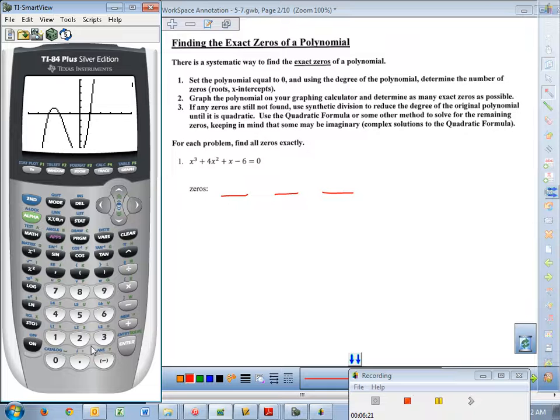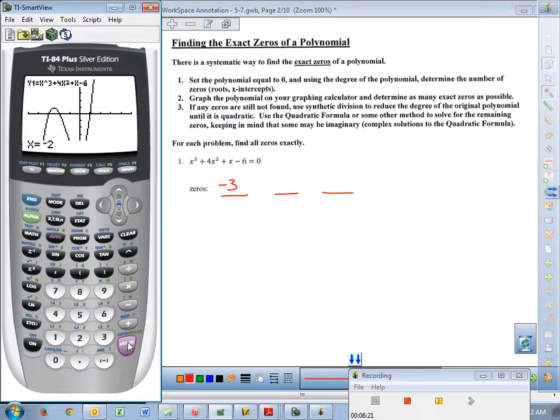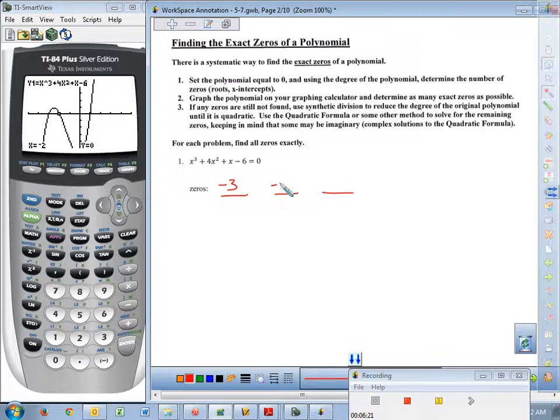Trace negative 3. Did that turn out to be a root? So it goes into the blank. There's one of our roots right there. That's all we're asking. Where's our zeros? Where's our roots? One of them was at negative 3. Cool. Next one. Would you take a wild guess of where that puppy's at? Negative 2. Sounds good to me. Double check. Oh, yeah. That turned out to be a 0. And one more.